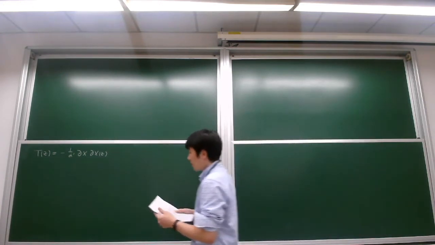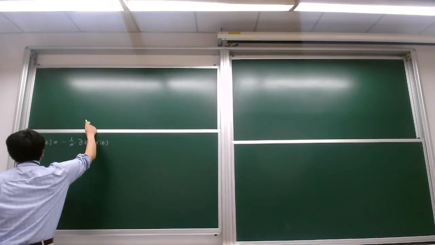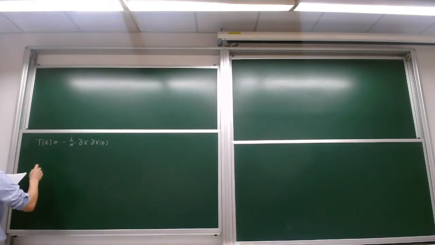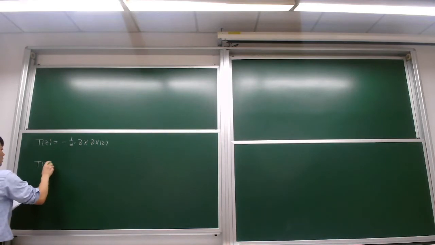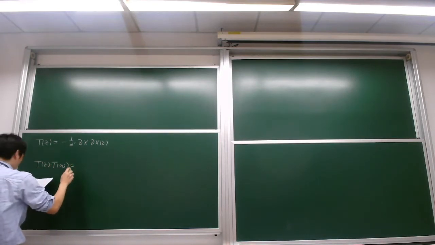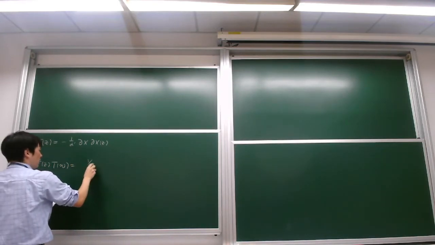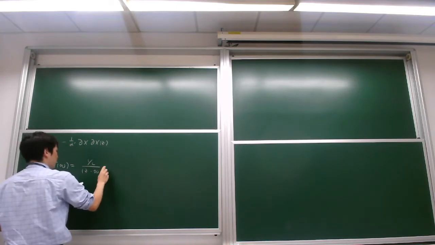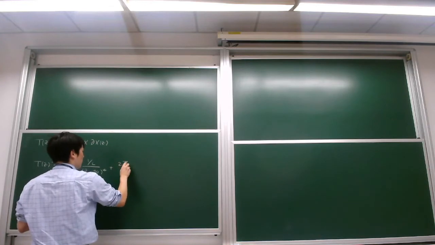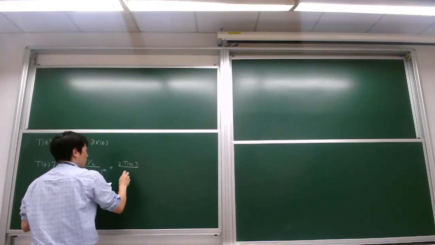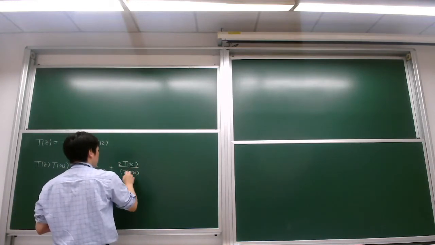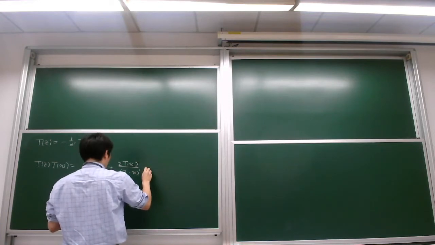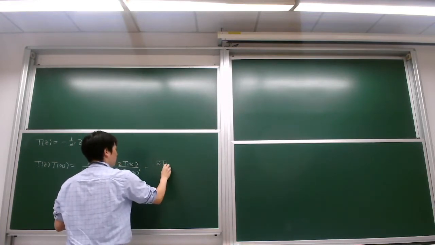At the end of the day, we derived the following quantity: c/12 over (z minus w)^4, plus 2T(w) over (z minus w)^2, plus the derivative of T(w).